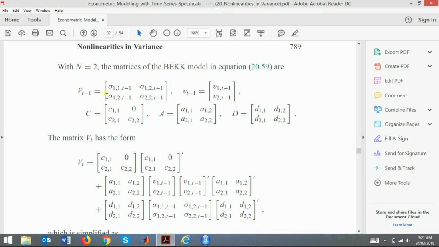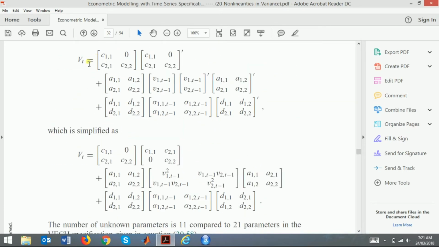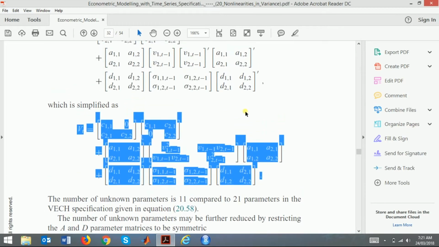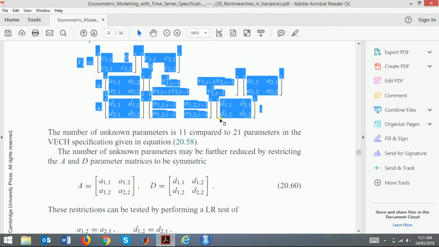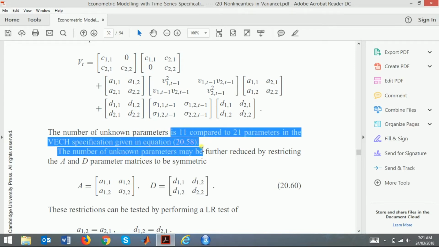So when we have n equals 2, keep growing, no problem, they are the same. V_t replaces the information. So we have 11 parameters compared to 21 in VEC because we are doing decomposition.